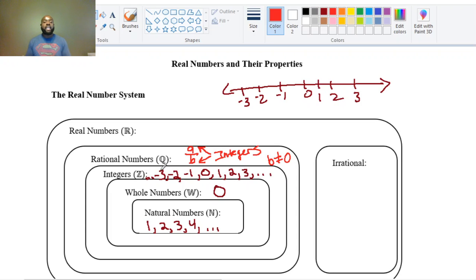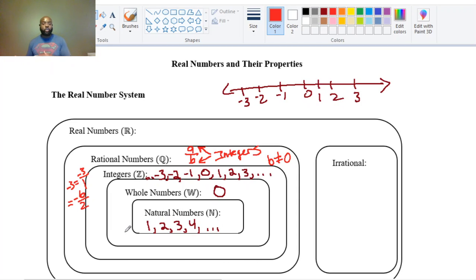Now, we can take any integer, we can take 0, we can take any natural number, and they can be written as a fraction. For instance, negative 3 is the same thing as negative 3 over 1, or the same thing as negative 6 over 2, right? And so all of our integers are subsets of our rational numbers. This is why I have this diagram here. Our smallest subset of numbers is our natural numbers.